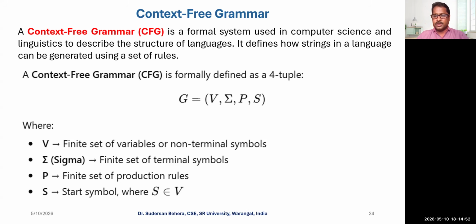So don't confuse sigma and T, they are the same. Some authors also write N, T, P, S. What is N? N is for non-terminals, instead of V. N is for non-terminal, T for terminal, P for production rule, and S represents the start symbol.